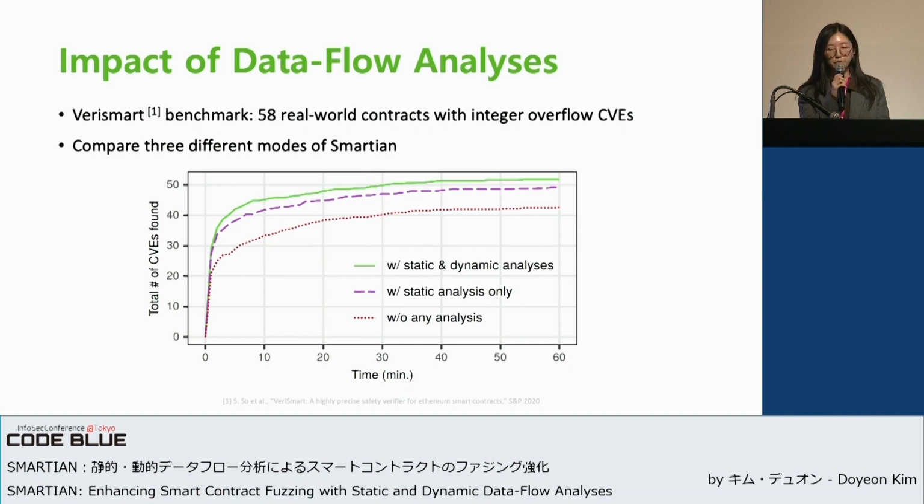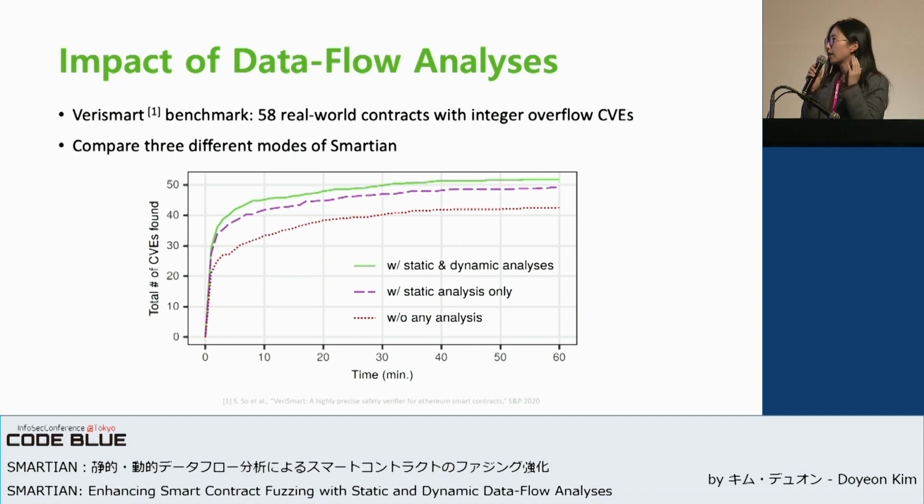The graph plots how many CVEs are found over time, and it compares three different modes of Smartian. The first mode runs without any data flow analysis, and the second mode runs only with static data flow analysis.